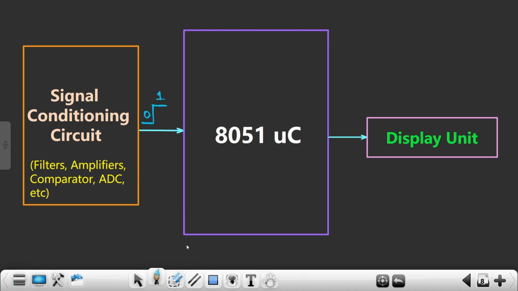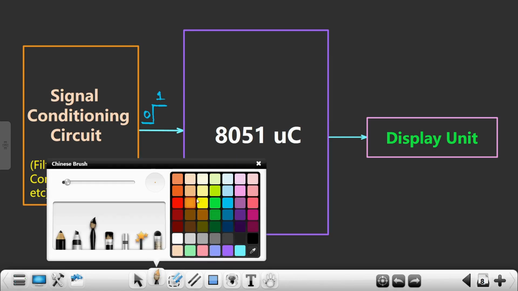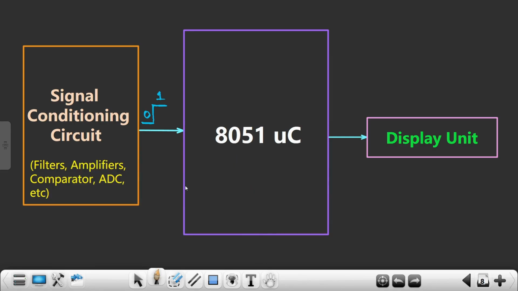I need to take this particular signal, so a certain port or pin of this microcontroller will act as the input pin. In my project, I'm going to use port 3 as my input pin.